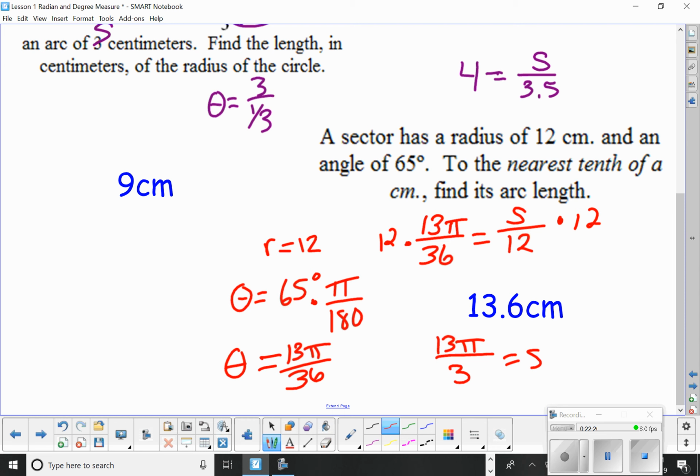This is again something that you would need a calculator with because, let's face it, you wouldn't tell somebody to cut a board 13 pi over 3 centimeters. You would actually tell them 13.6 centimeters, all right? So when you're talking about linear distances, put it in decimals. Otherwise, if it's a radian measure, I want it in terms of pi and as a fraction.